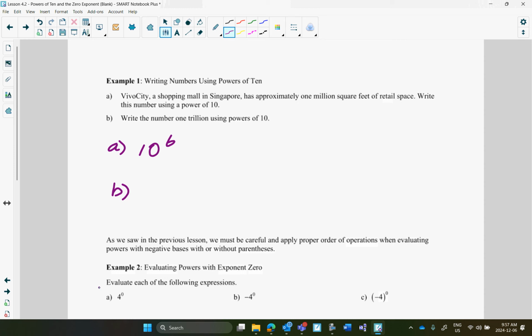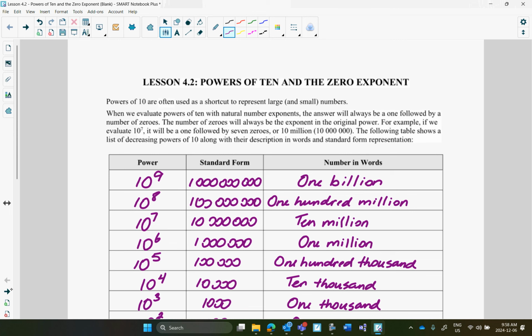So we did all the way up to a billion. How would you do a trillion? 10 to the power of 10? If we went 10 to the power of 10, wouldn't we get 10 billion? And then 10 to the power of 11 would be 100 billion.